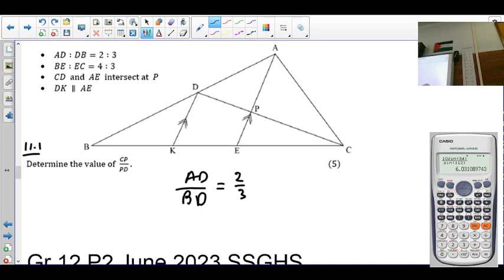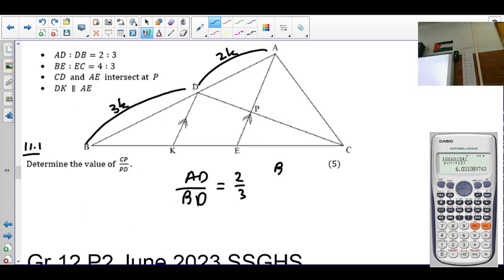I prefer working in ratios, okay? In fractions, I know some of you can work in ratios, no problem. So AD is 2K and BD is 3K. Also remember that you can't write 2 and 3, because there's not 2 and 3 units.